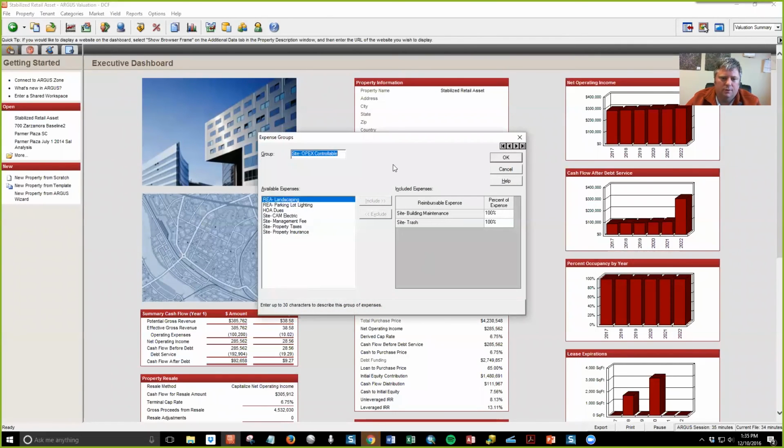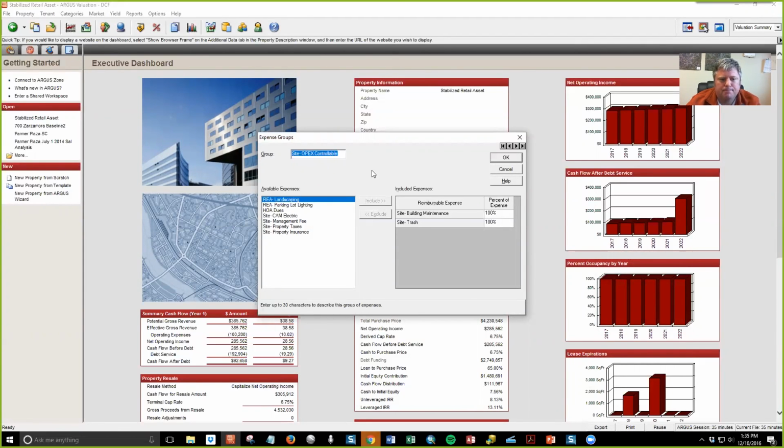All right, I've created another expense group for the site for the operating expenses on the controllable. So controllable expenses, according to these leases, were building maintenance, trash, and then also it will be allowed for the REA expense group to be controllable as well.